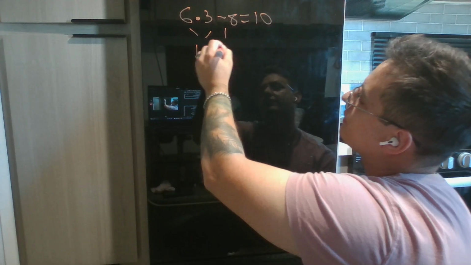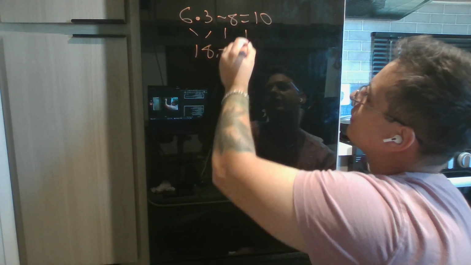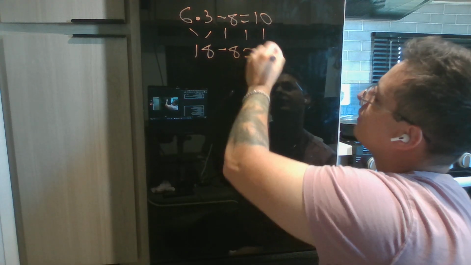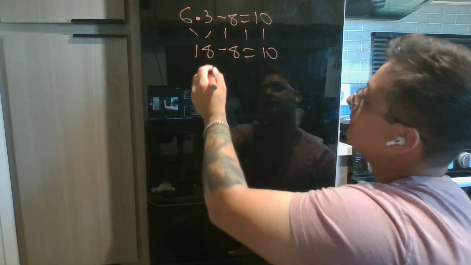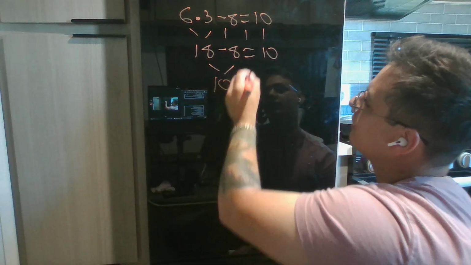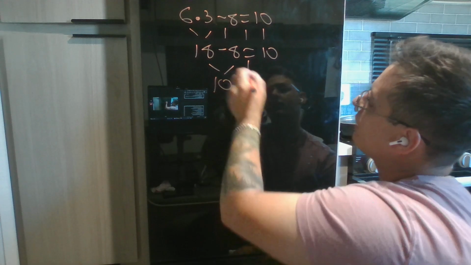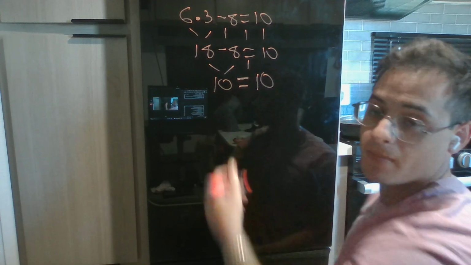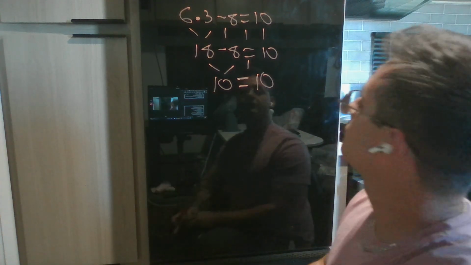Bring down this minus 8, bring down this equal sign, bring down this 10. 18 minus 8 is in fact 10. And 10, bringing down the equal sign, does equal 10. Balanced. Amazing.